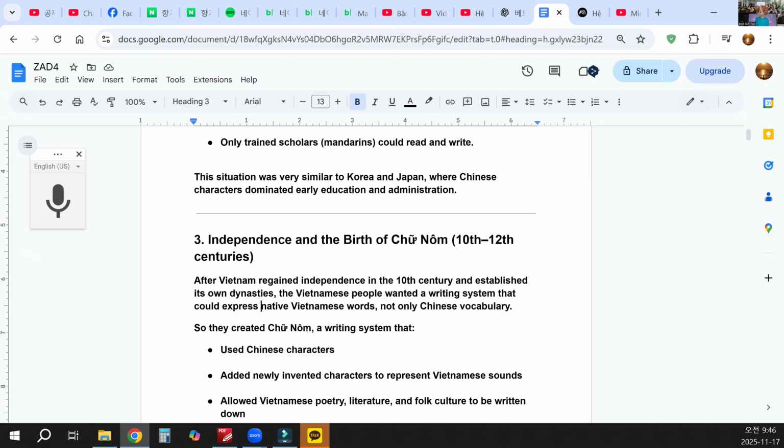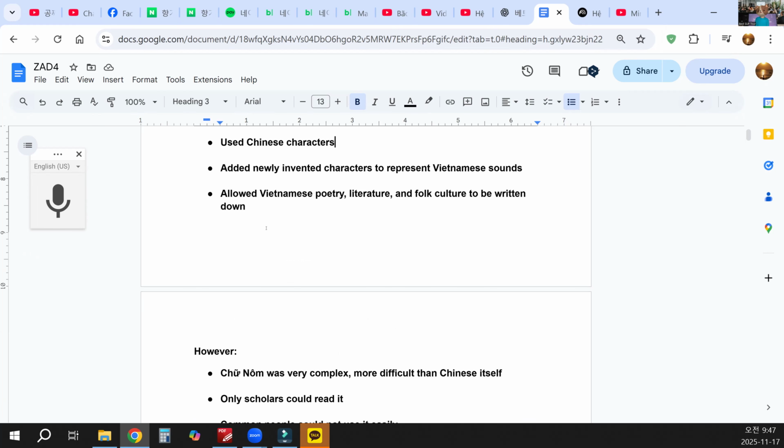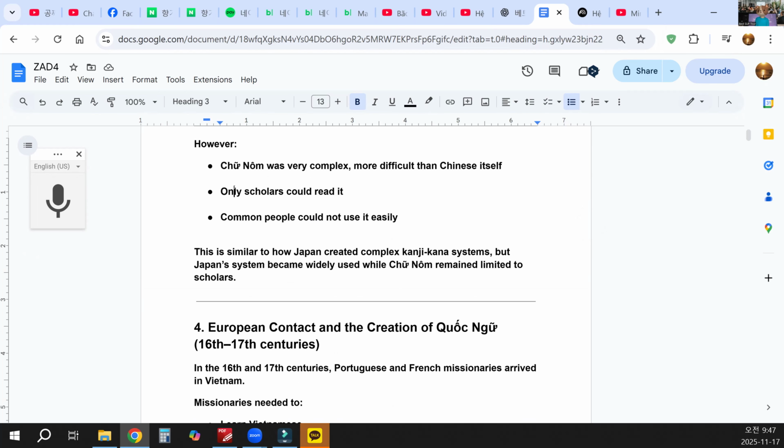So they created Chu Nom, a writing system that uses Chinese characters and adds newly invented characters to represent Vietnamese sounds. It allowed Vietnamese poetry, literature, and folk culture to be written down. However, Chu Nom was very complex, more difficult than Chinese itself. Only scholars could read it; common people could not read it easily. This is similar to how Japan created a complex kanji and kana system, but the kana system became widely used while Chu Nom remained limited to scholars.